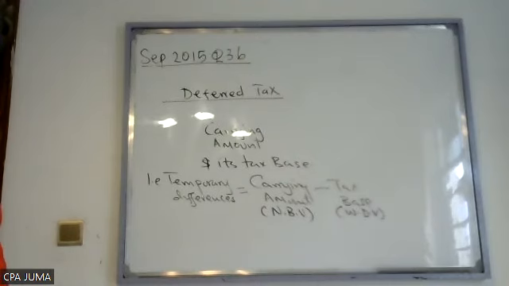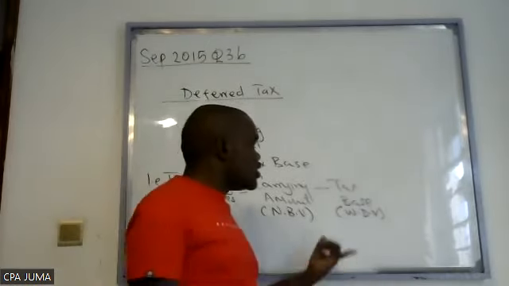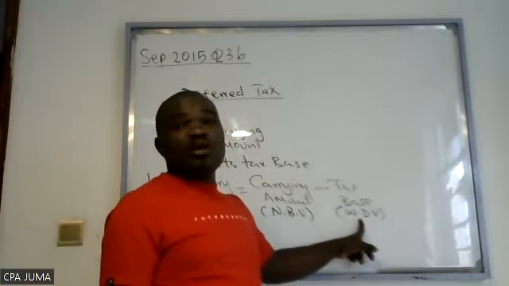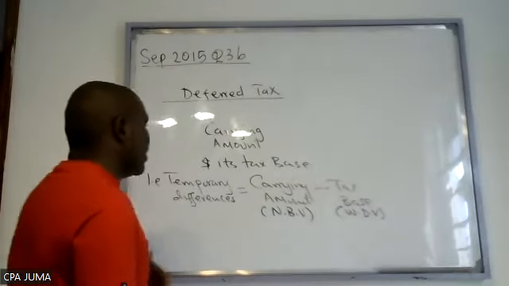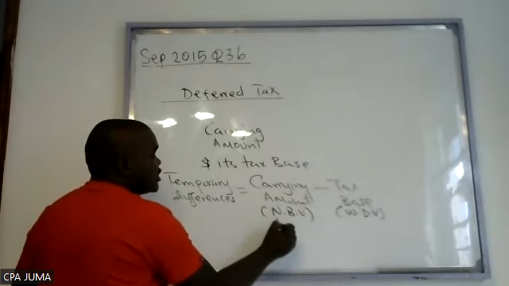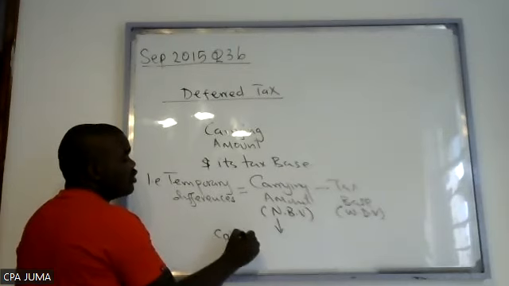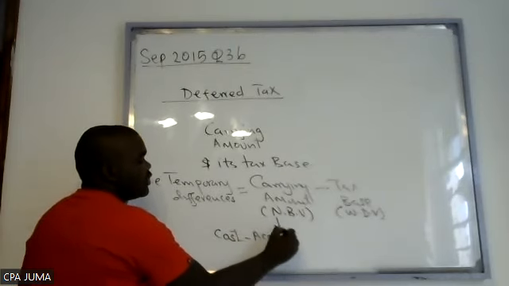Carrying amount is cost minus accumulated depreciation.